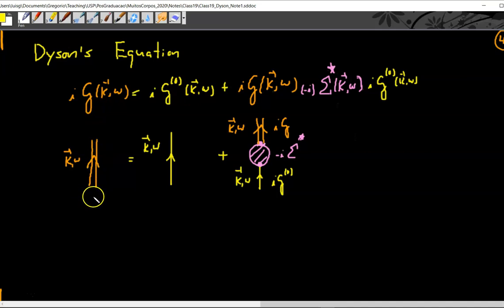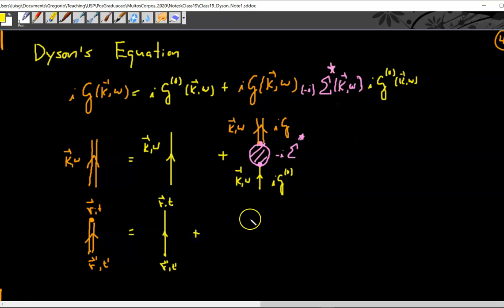There would be a propagation from, say, a position r prime at a time t prime to a position r at time t. So there will be two points here. This would be equal to a free propagator from r prime t prime to r t.